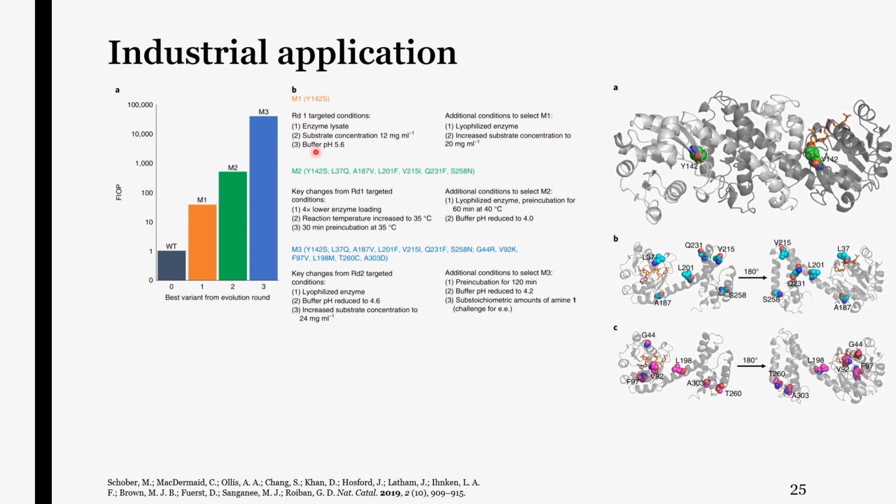Then in the second round, they ended up with 7 mutations for this M2 variant, and at the end they could obtain with 11 mutations the best variant so far, where they stated a 38,000-fold improvement compared to the wild type, which is quite impressive for a kilogram scale.